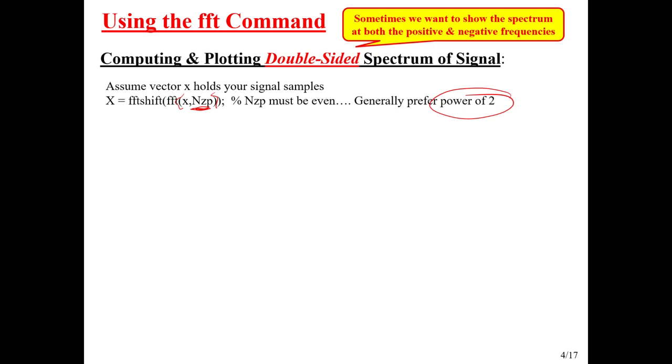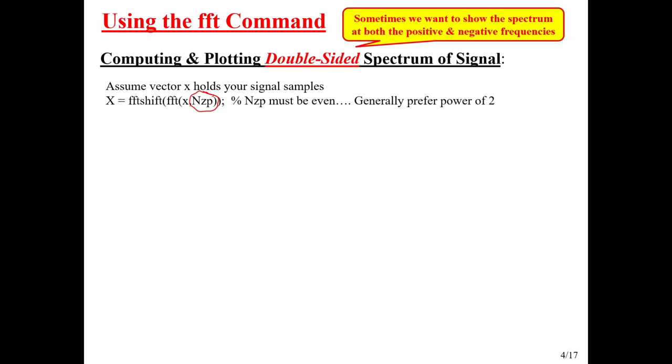So it might not be a power of 2, but I like to at least keep the NZP to be even, as you'll see as we progress into the single-sided spectrum type of thing. So let me back up here and say, that's setting the zero padding. And at this point, you should have learned about that. We'll go into a little bit more detail on that in the next set of notes.